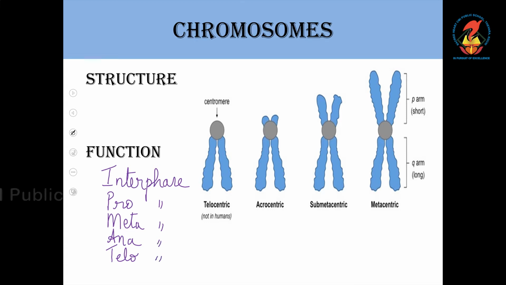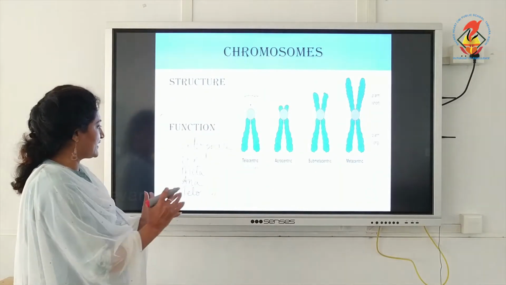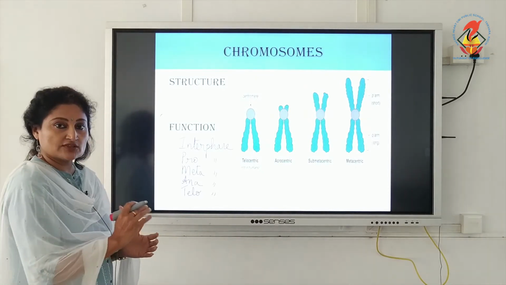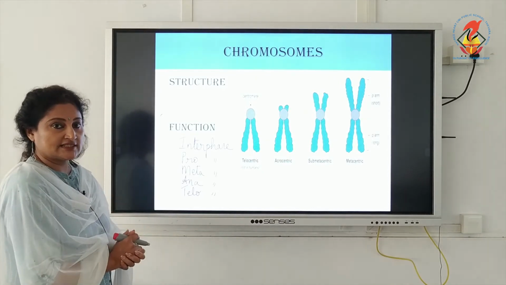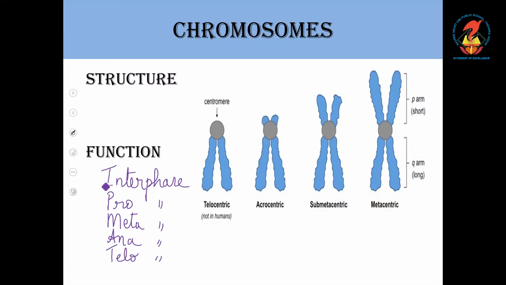At the various stages of the life cycle of a cell, the cell undergoes different stages in its cell cycle. The first phase is the interphase, next is the prophase, then metaphase, anaphase and telophase.